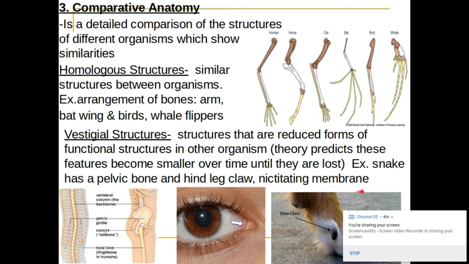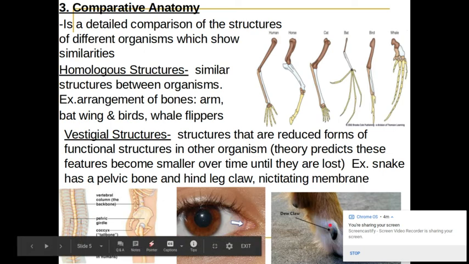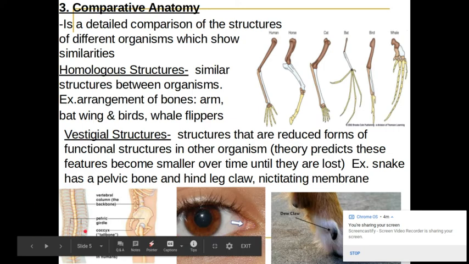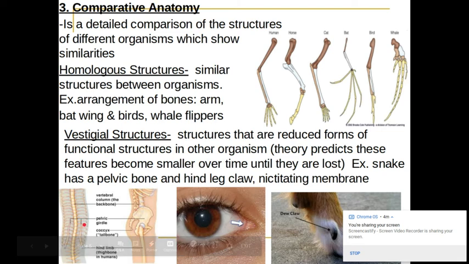The dew claw shows when dogs didn't walk, when they were flat footed. This over here shows the pelvic bone in a snake. I don't know if you guys are aware of that, but you can see the pelvic girdle and the coccyx right there coming down on snakes on the skeleton. They're reduced forms from when they had the appendages, which they no longer have.